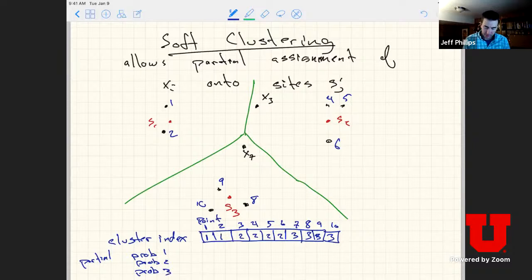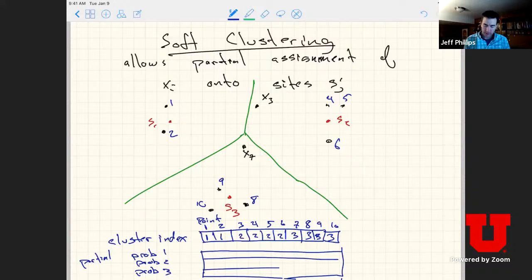And so I'm going to think about instead having 3 arrays here. For each point, I'm going to have the same indexes on these points: 1, 2, 3, 4, 5, 6, 7, 8, 9, 10.